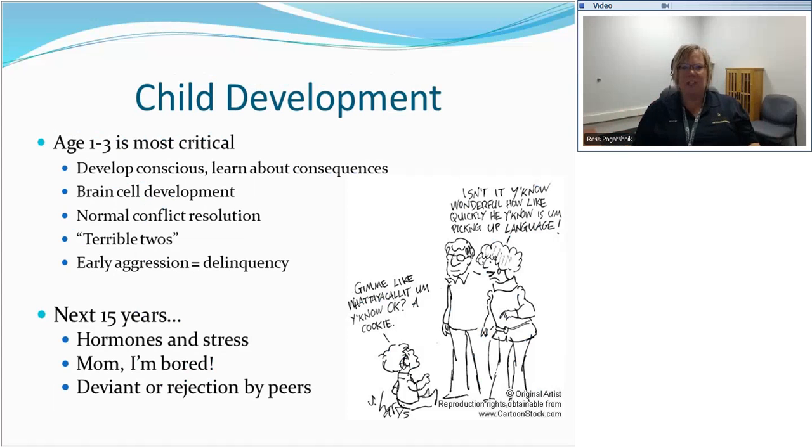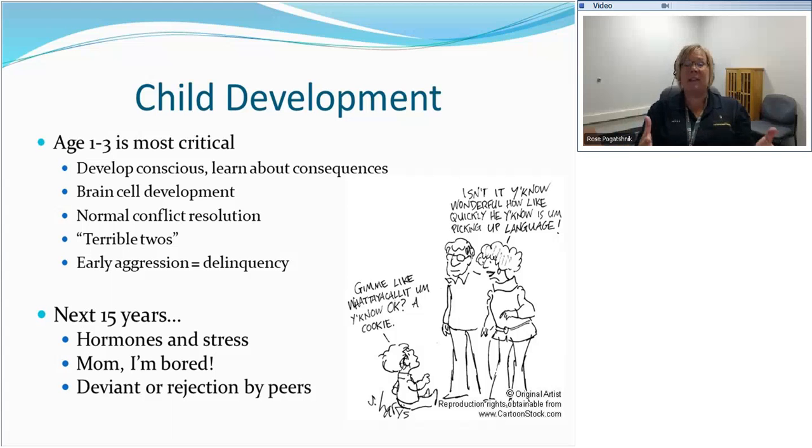As an introduction to child development, one of the things that we have learned through research and through child psychologists is that ages 1 to 3 are ultimately the most critical in child development. And we say that because this is when children begin to develop their conscience and also learn about consequences and how consequences can be both positive as well as negative.